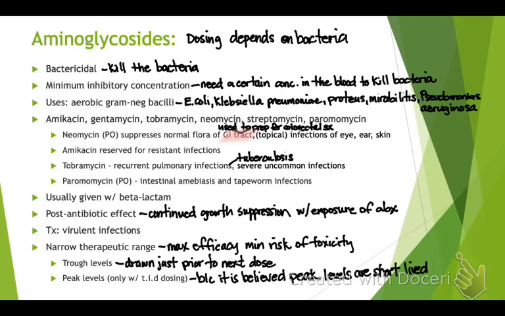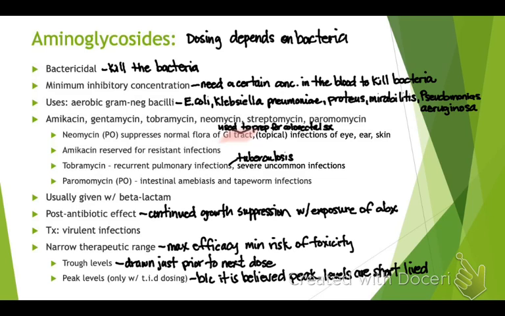So now we're going to get to your aminoglycosides, and dosing is going to depend on the bacteria that we are trying to eradicate. Aminoglycosides are bactericidal, meaning that they kill the bacteria. They do have a minimum inhibitory concentration, so they do need a certain concentration in the blood in order to kill the bacteria.